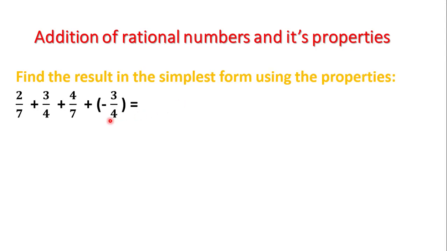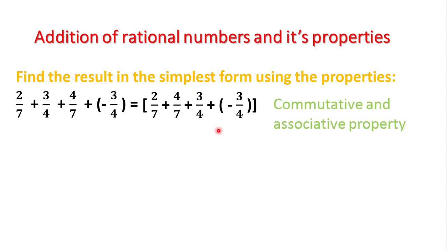Another exercise. Here we have 4 numbers: 2 over 7, 3 over 4, 4 over 7, and negative 3 over 4. I can notice here I have the same denominator, 7 and 7, so I can change the place to get 2 over 7, 4 over 7, then 3 over 4, and negative 3 over 4. This property is commutative and associative.